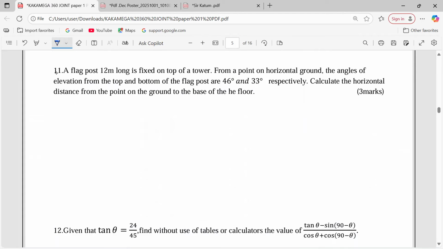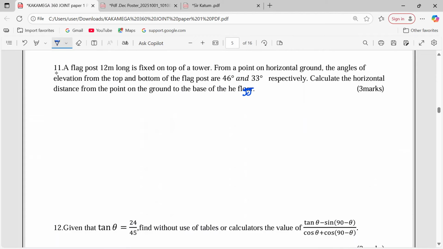From the point on the ground, the base of this particular flag post. It should be flag post, not floor post. So we can sketch the information. The flag post is 12 meters long.